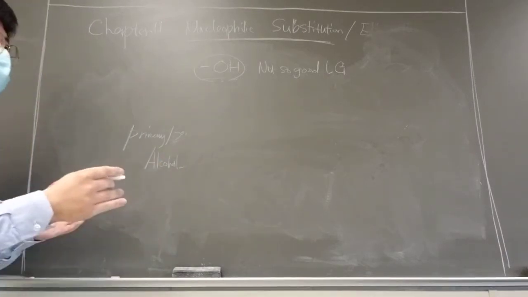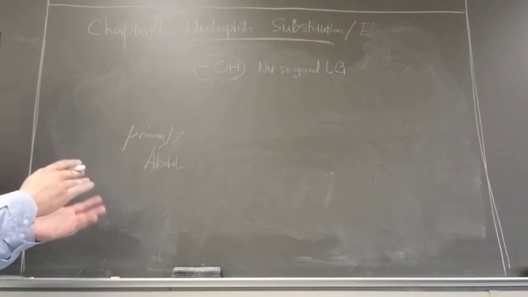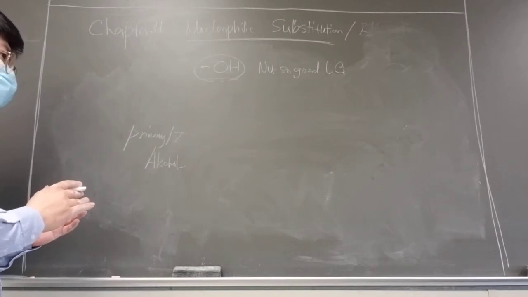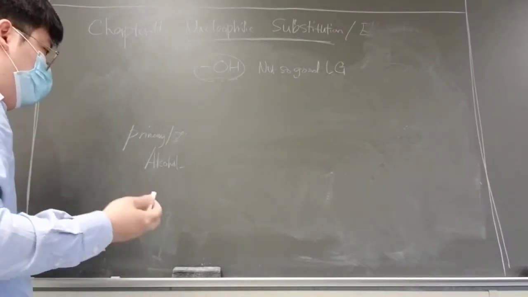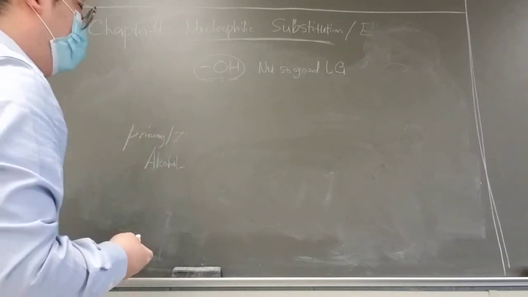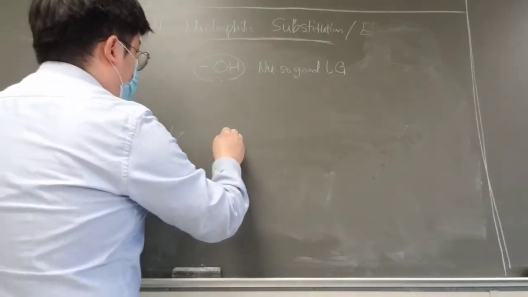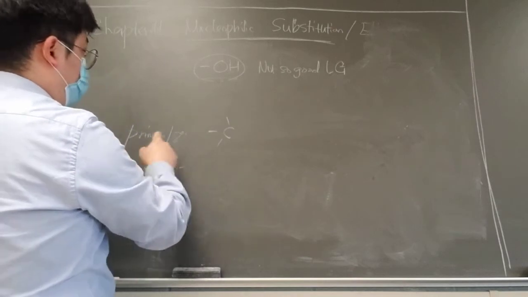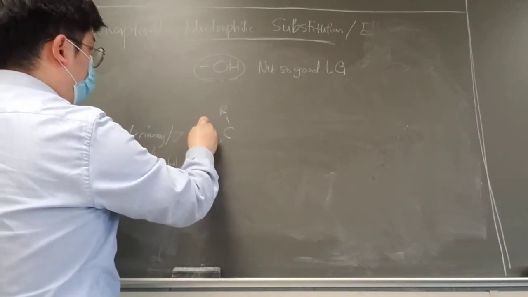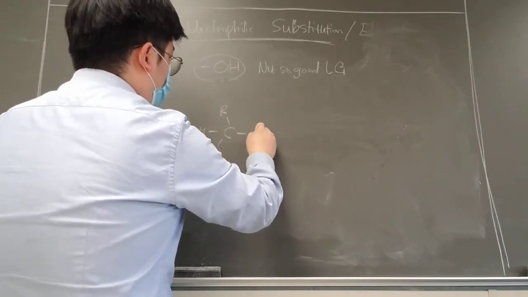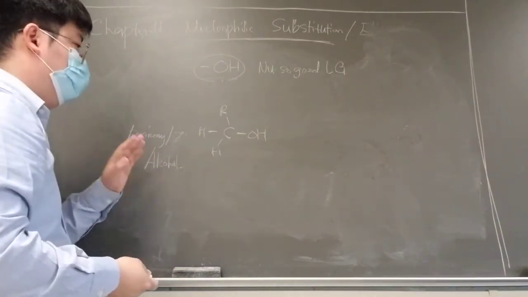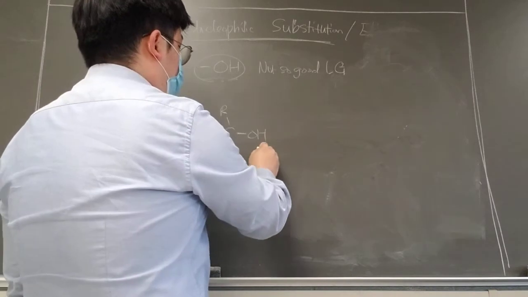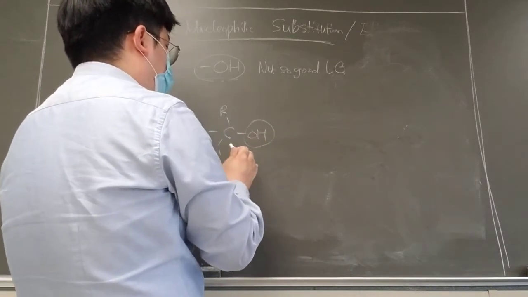And like I've said before, the less substituted the alcohol is, the harder it is to replace that hydroxy group by the halogen, our better leaving group. It doesn't matter, either one, primary or secondary. This is once again not a good leaving group.